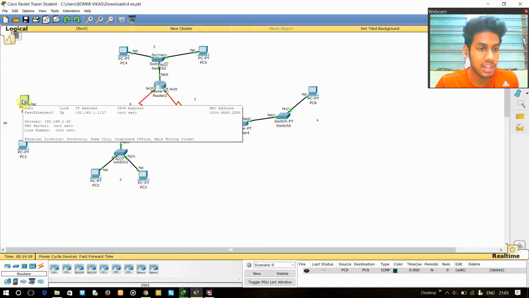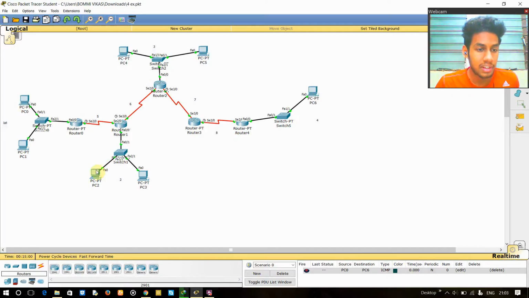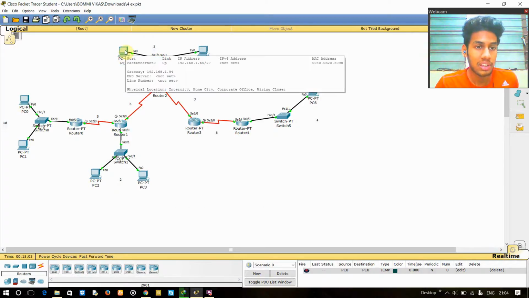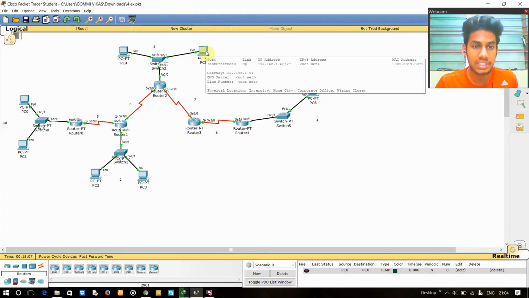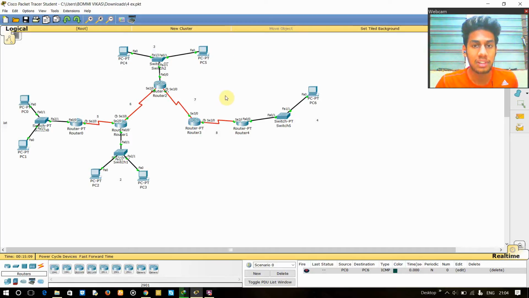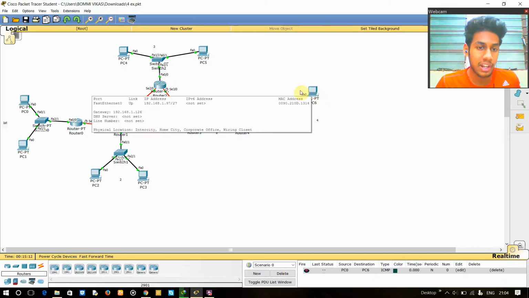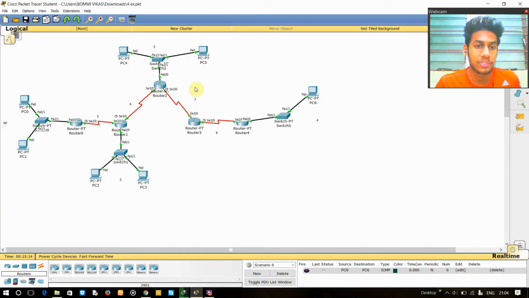The first one has 1.0, then LAN 2 has 1.32, then LAN 3 has the 1.64 network, and LAN 4 has the 1.96 network, and so on for all the serial connections between the routers.